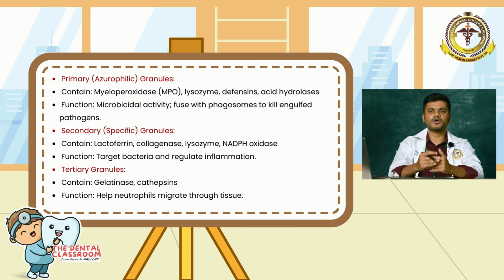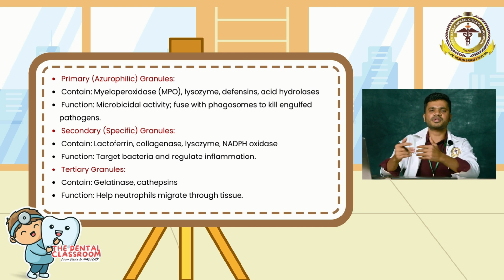The main function of this acidophilic granule is to internalize the bacteria. What is this internalization of bacteria? The neutrophil will go and engulf the bacteria and ingest it. After engulfing, it takes the bacteria inside and starts killing it with the help of these acidophilic granules, which are the primary granules.